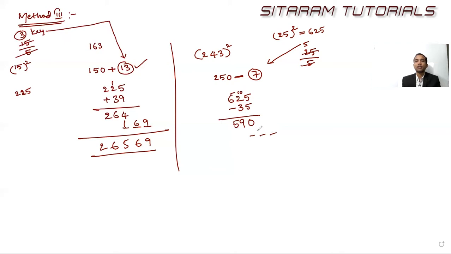So here if 3 digits are there, we will write here, and if 3 digits are not there, we write 049. All right, so what do you get here? 59049. This is the answer. If you practice more, we write 49 only directly here.